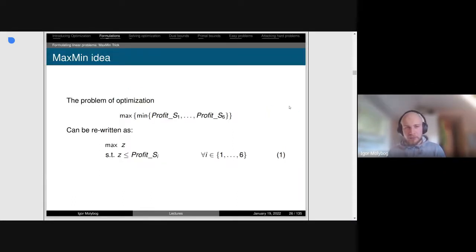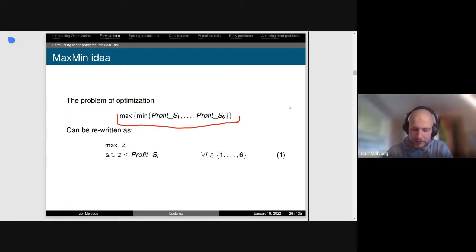The thing that I would like to cover next is the idea of reformulating max-min or min-max problems as linear programming problems. So here we are again in the realm of linear programming, and let's say that we have the following optimization problem.